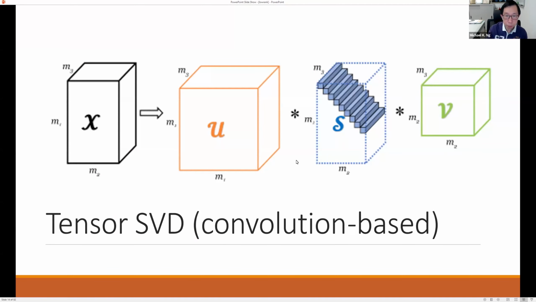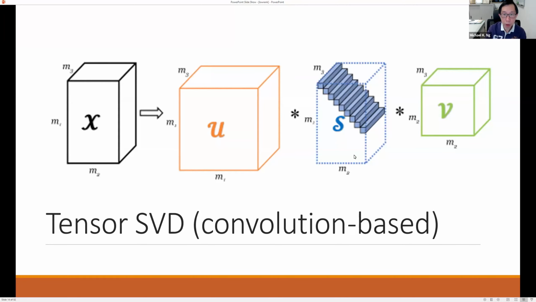In other words, you can imagine you are doing a Fourier transform along the tubes of this tensor, so you get the frequency components of this data cube, and then rearrange them based on their importance to get this diagonal form.